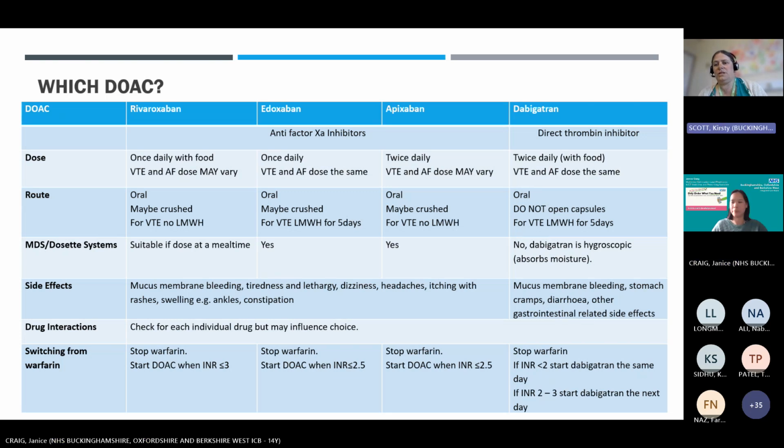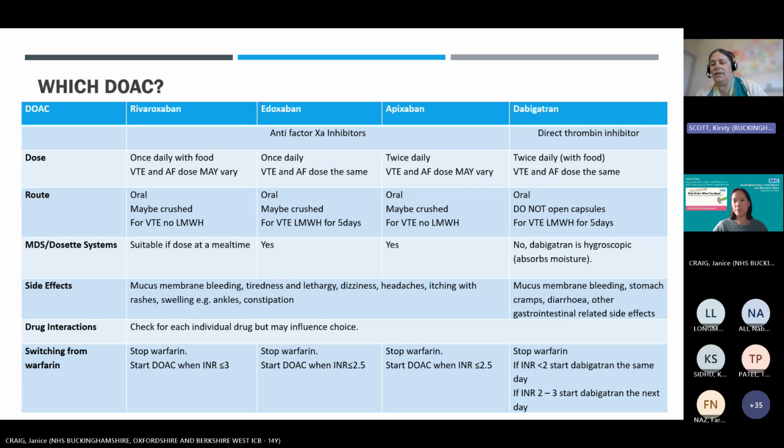You should be doing the FBC and the LFTs as well. Certainly the anti-Xas can cause derangement of LFTs. Particularly if they cause a rise in ALT, then it's possible, if it's high enough, that the DOAC actually needs to be stopped until the LFTs normalize, and then re-challenge with a different one.